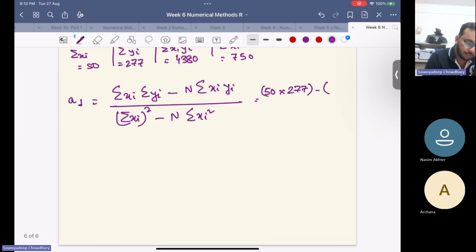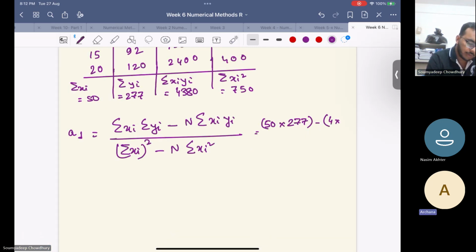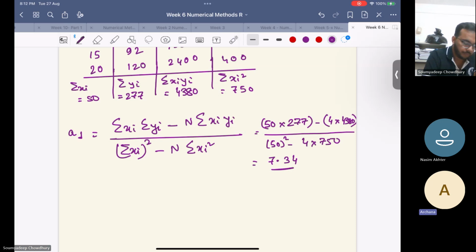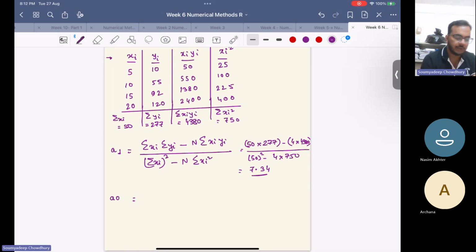So it is 4. If you calculate this, A1 will come around 7.34. Yes, we are taking up to the second decimal place.